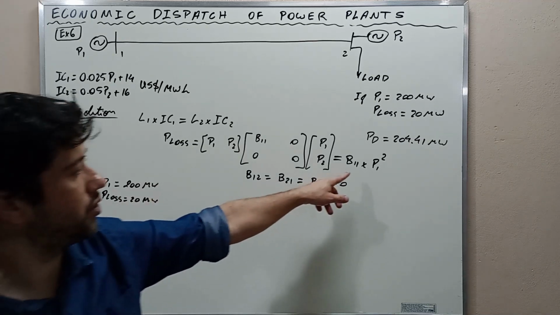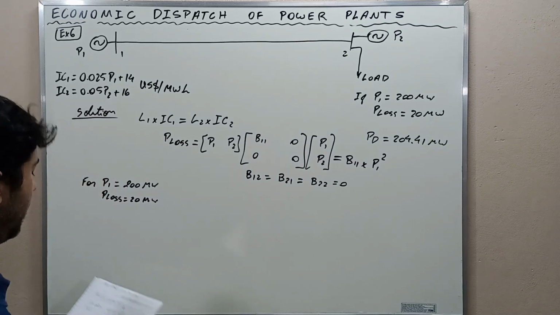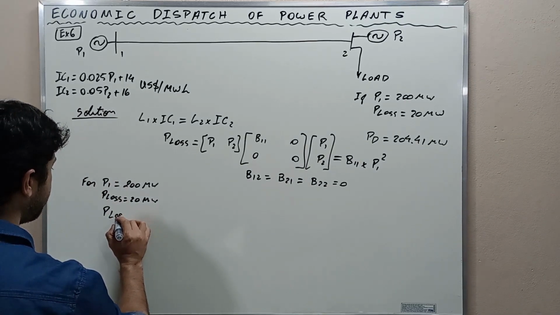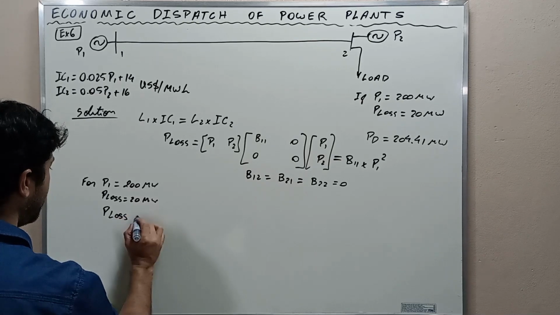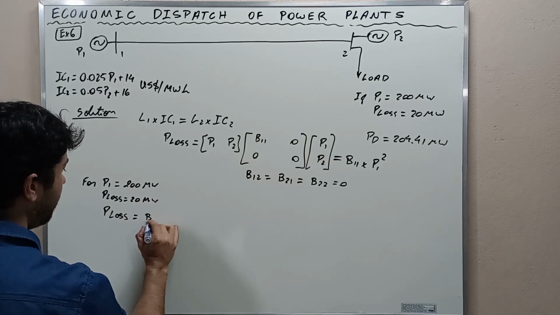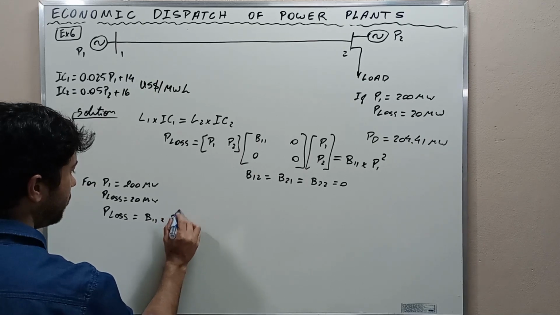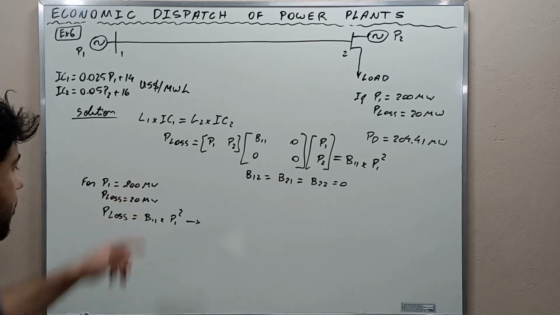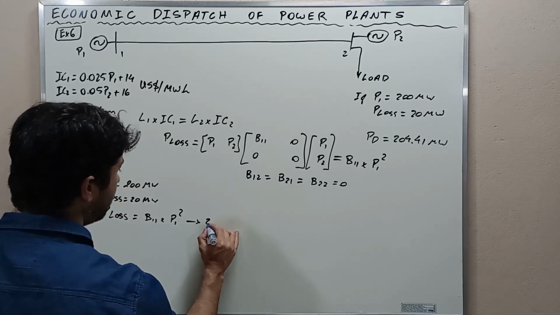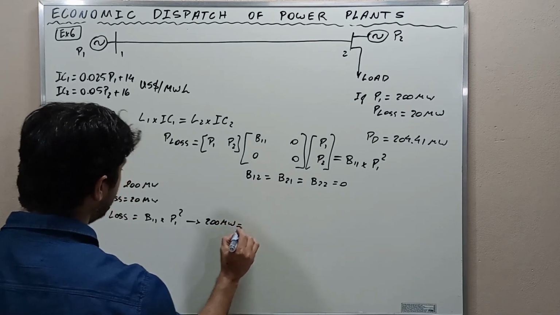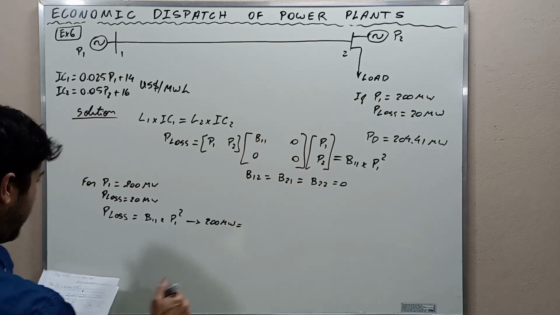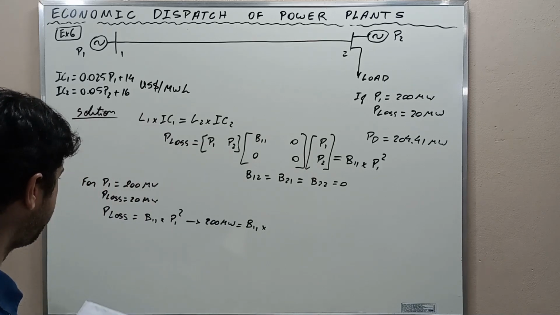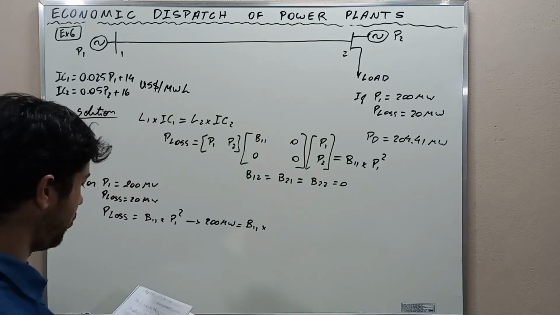We simply use this expression here, and we find that P loss is equal to B11 times P1 squared, and in this case P1 is 200 megawatts, B11 we are trying to find, and the losses will be 20.